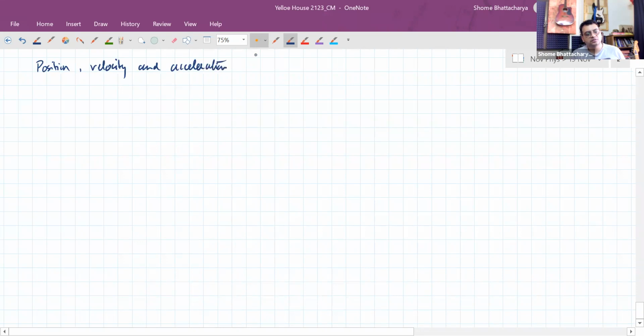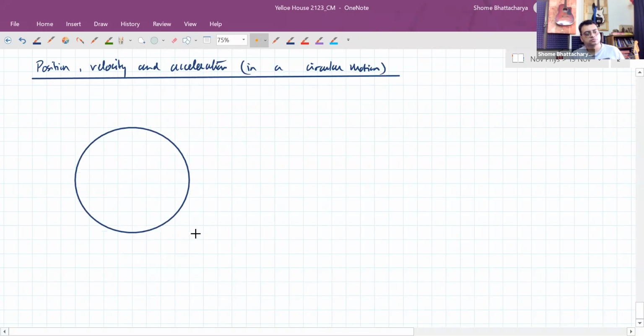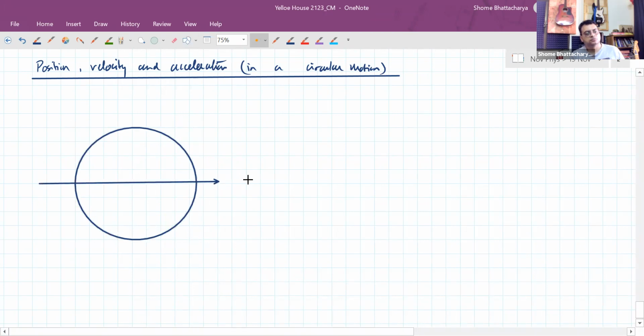Not angular, but the linear position, velocity and acceleration in a circular motion. But we will define these terms in terms of the angular parameters and the two unit vectors now.